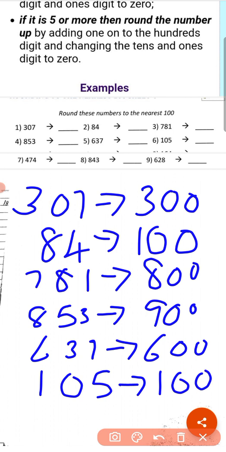Children, here these numbers end with 2 zeros. So when we are rounding a number to the nearest 100, the number ends with 2 zeros.